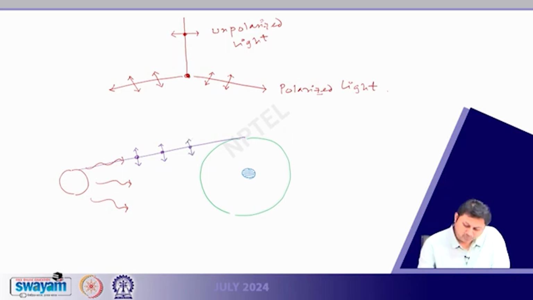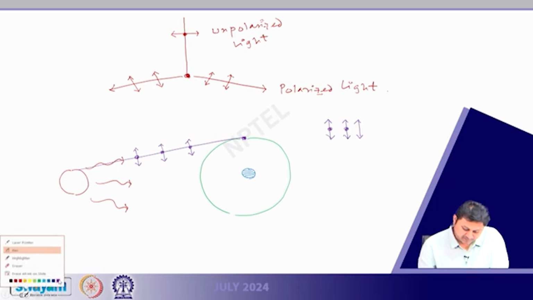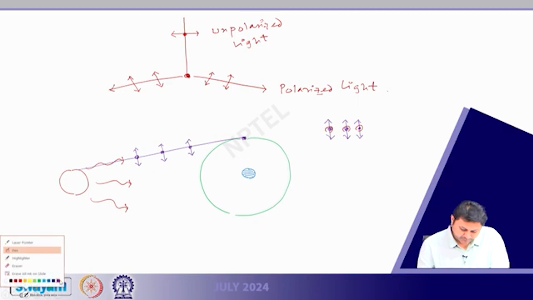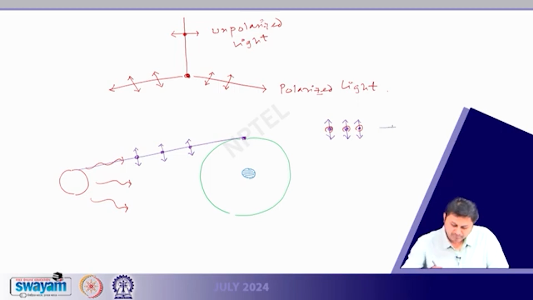Like this. When it interacts with the atmosphere, suppose we have a molecule here, and this molecule will vibrate either in this direction, or it can vibrate in this way, perpendicular to this.